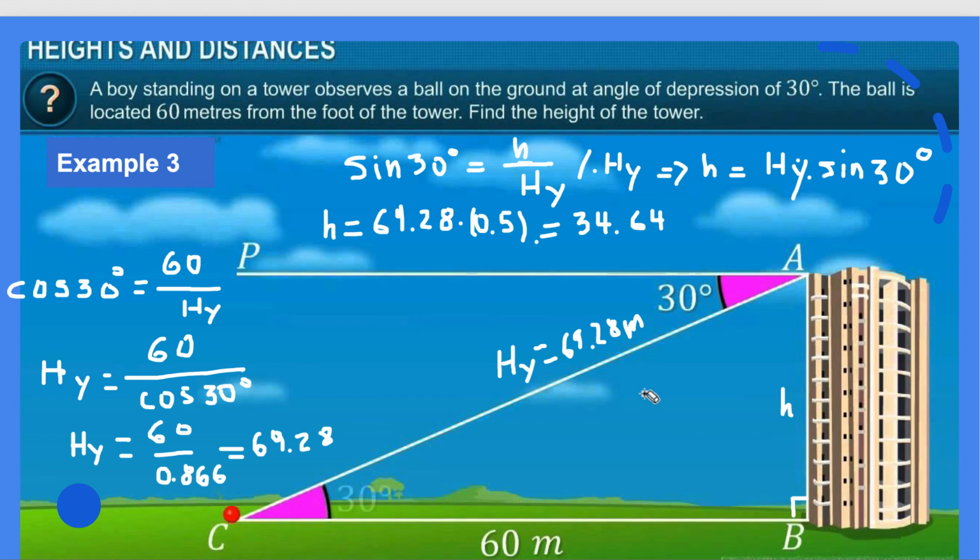We can write H equal to 34.64 meters. And we found the height.